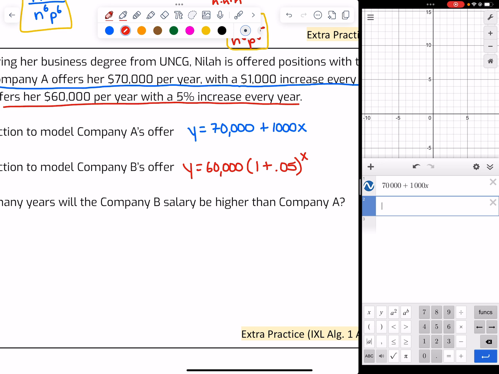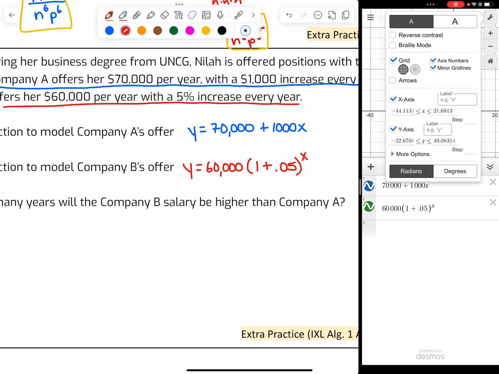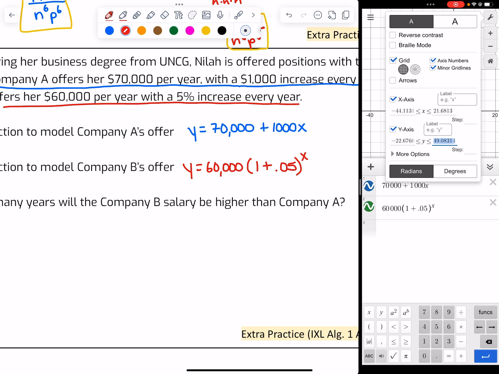So 70,000 plus 1,000x is one function, and then 60,000 times 1 plus 0.05 to the power of x is the other function. Those numbers are really large, so they might be way off my screen. So what I can do is change my window to show a larger y value of, let's just say 70,000 is like my y maximum.